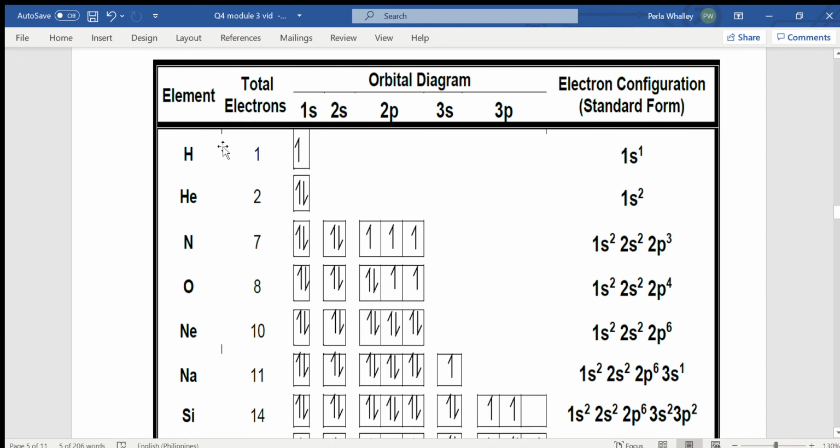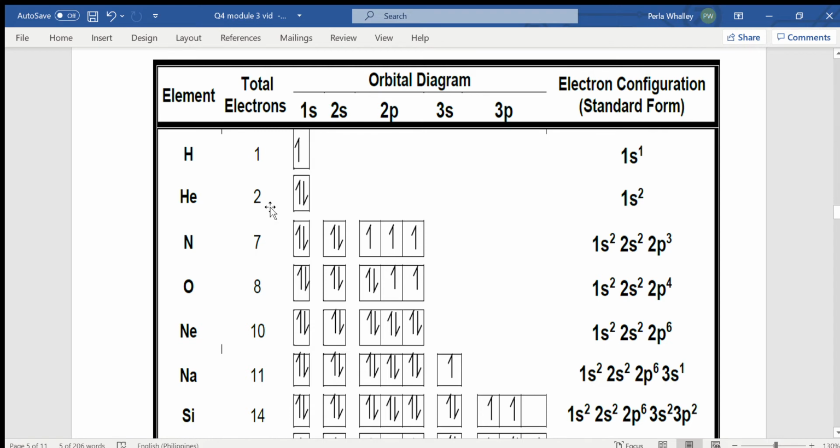For hydrogen first, the atomic number is 1 and the total electron is also 1. The electron configuration is 1s1. So 1s here, 1 electron, arrow up.